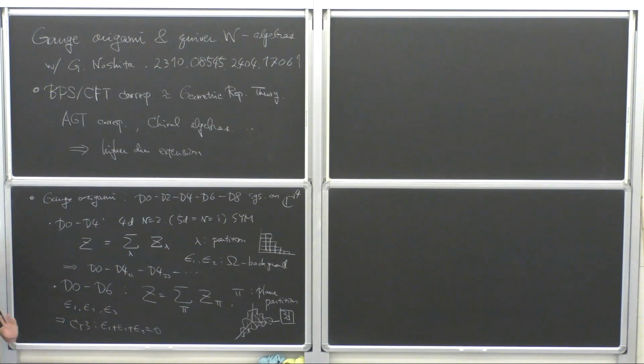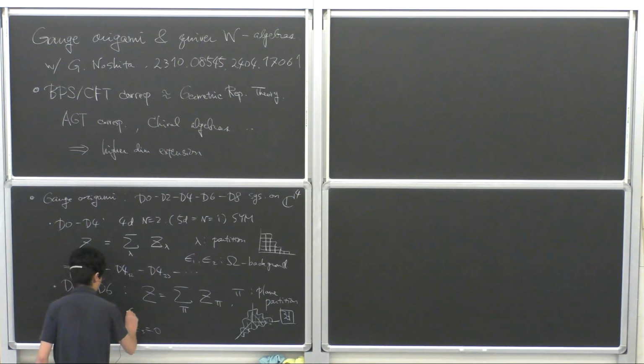But now the situation is slightly different in the sense that originally we have C4. So this D0-D6 is just a subspace of C4. So we also have epsilon 4 as well.